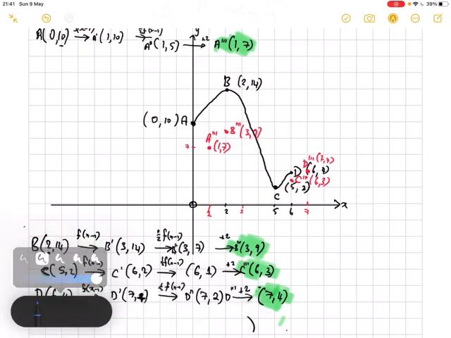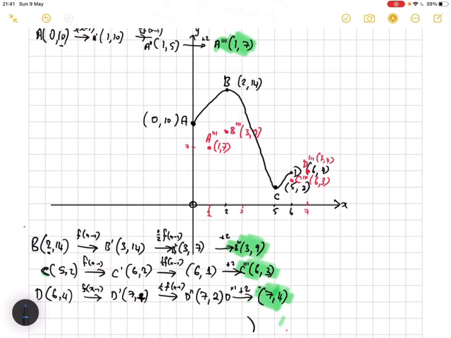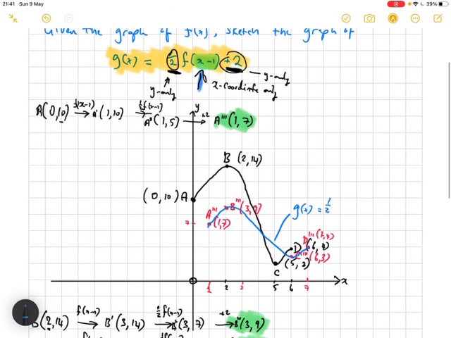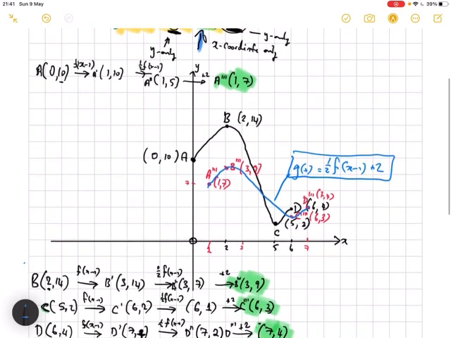So it looks roughly like this, then on to c, then up to d. So here in blue is our transformed function. I'll write here g(x) equals 1/2 of f(x − 1) plus 2, and our original function, which usually is given, is the one in black, that was f(x).